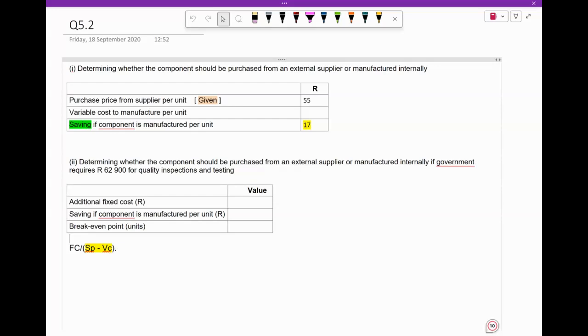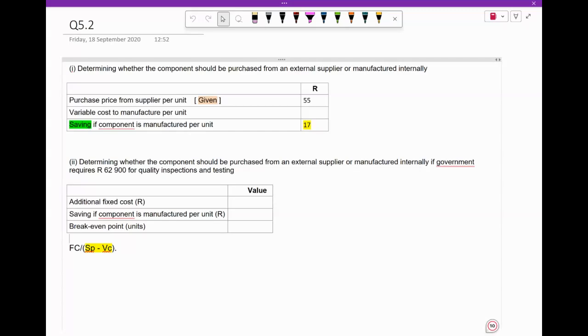The manufacturing costs of the component are as follows: direct materials, fixed overheads, total costs, etc. An external supplier has offered to supply the component at a guaranteed price of 55 Rand per unit. So we're going to use that to compare to see, should we manufacture this or should we just go and buy it?